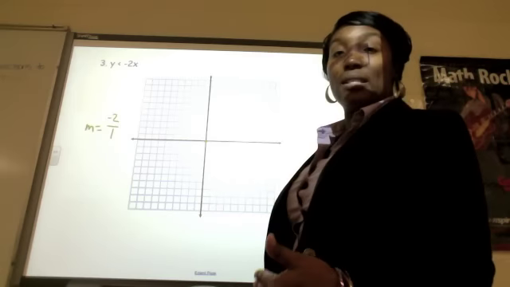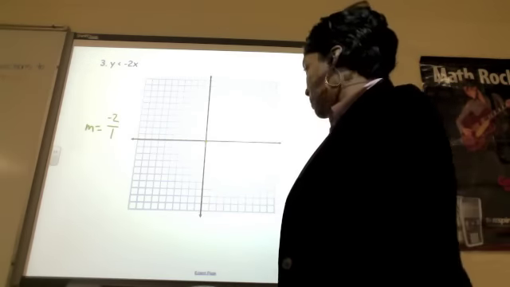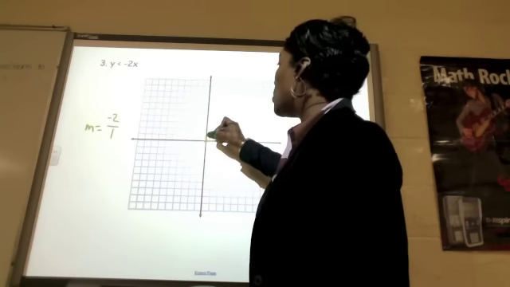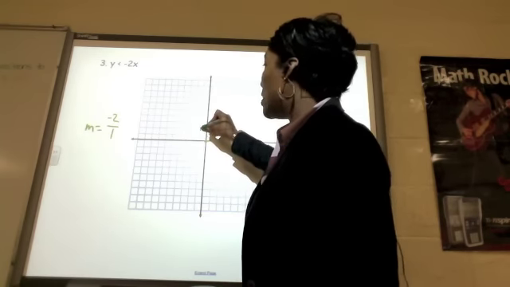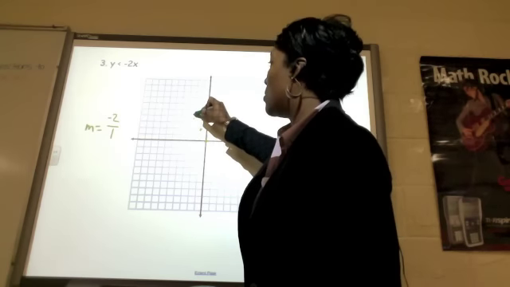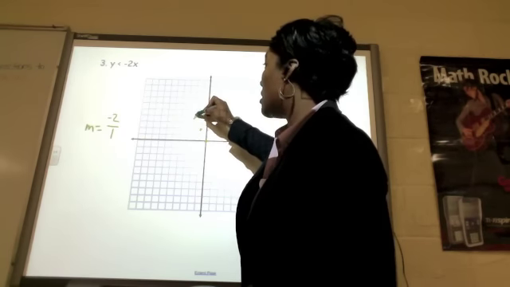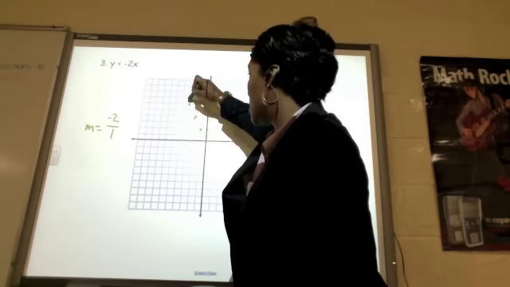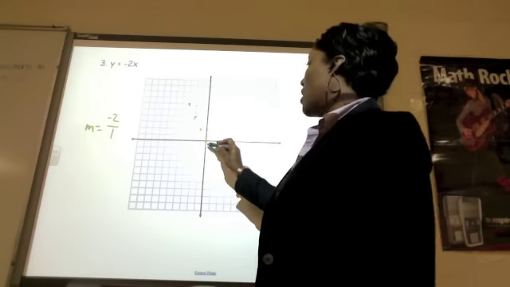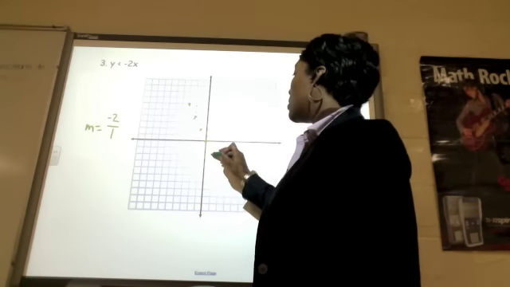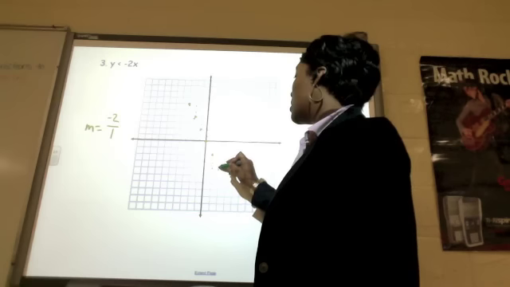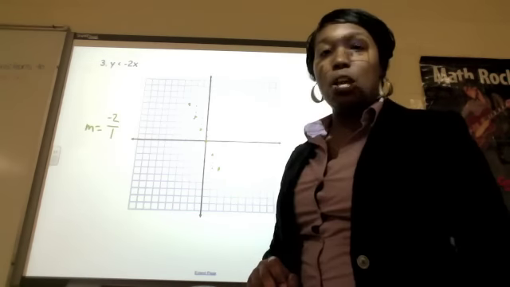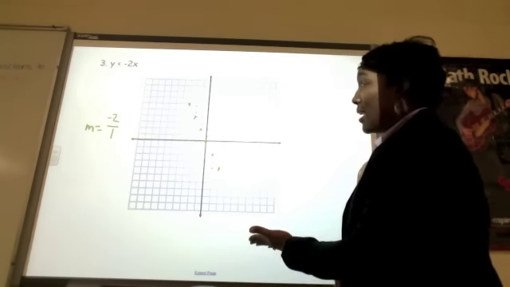Therefore, my line is going to slant down. So I'm going to go down 2 and run 1. Down 2, over 1. Okay, let's go the other way. Up 2, over 1. Okay, I've got plenty of points now, and my line is slanted correctly.